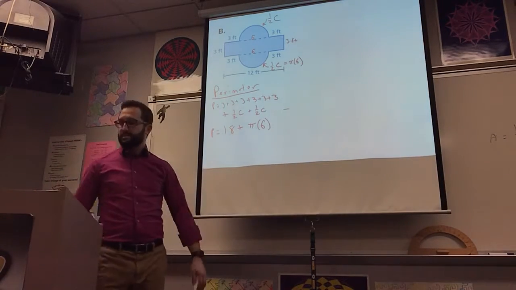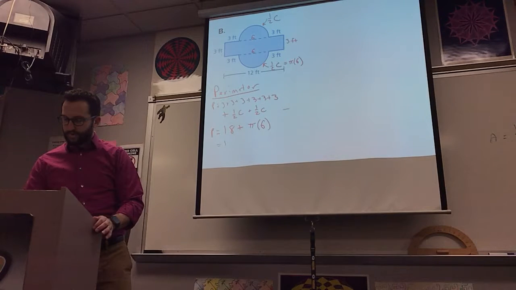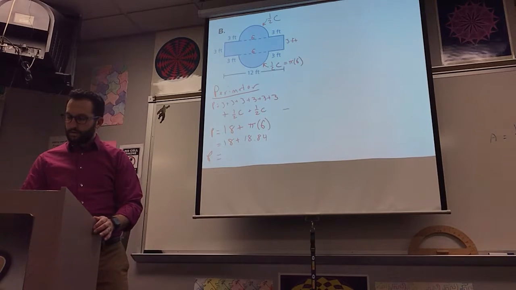What is pi times 6? Should be pretty close to 18 something. 18.84. 18 plus 18.84. So our perimeter is 36.84 feet.